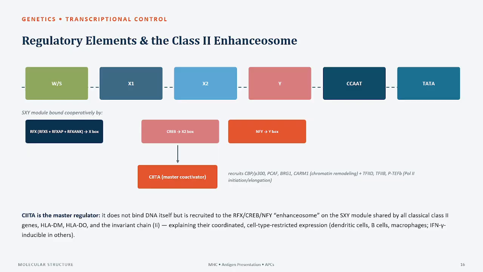Once recruited, CIITA acts as the scaffold to bridge the enhanceosome with the basal transcription machinery. It recruits key chromatin remodeling and transcription elongation factors, including histone acetyltransferases, chromatin remodeling complexes, general transcription factors, then the transcription elongation factors, and things like that.